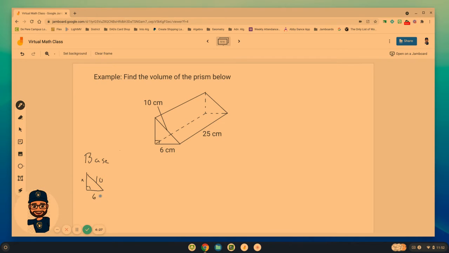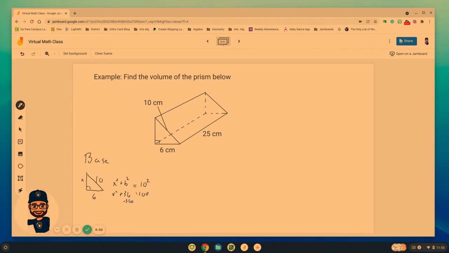Well, when we have two sides of a triangle and we're missing a third, we can use the Pythagorean theorem. x squared plus 6 squared equals 10 squared, or x squared plus 36 equals 100.